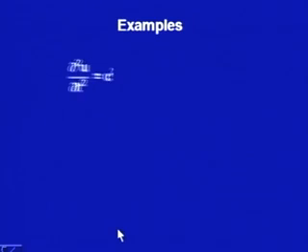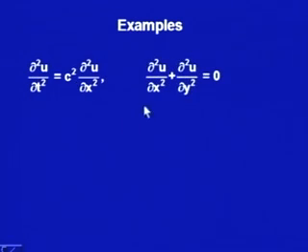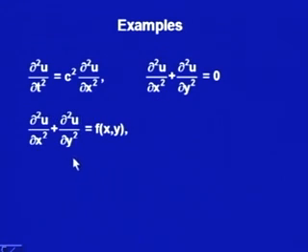Similarly, if we see other examples, del 2u over del t2 is equal to c square times del 2u over del x2. Here the derivative occurring is of the second order. Del 2u over del x2 plus del 2u over del y2 is equal to 0. Here also the highest order derivative occurring is the second order.